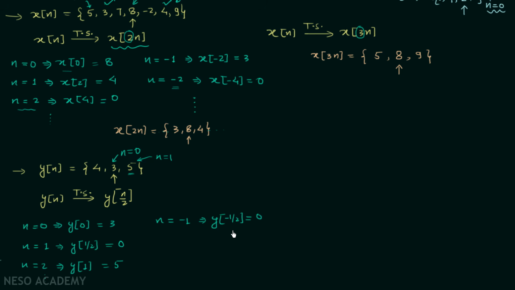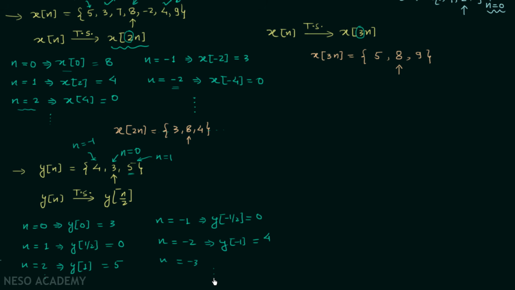Again we will have 0 because fractional values are not allowed for n. N equal to -2 will give us y minus 1. Now this time we will have 4 because 4 is the value of yn when n is equal to -1. So y minus 1 is equal to 4. Now put different negative values of n which are less than -2 and you will get zeros.